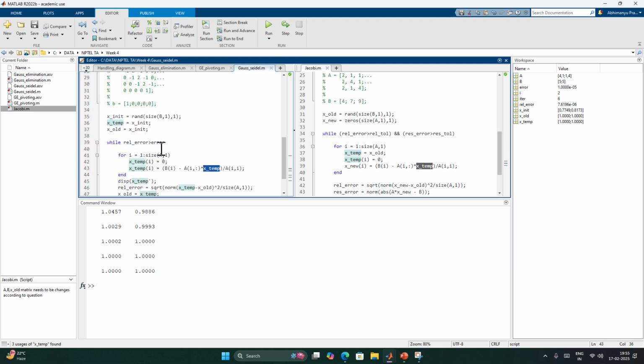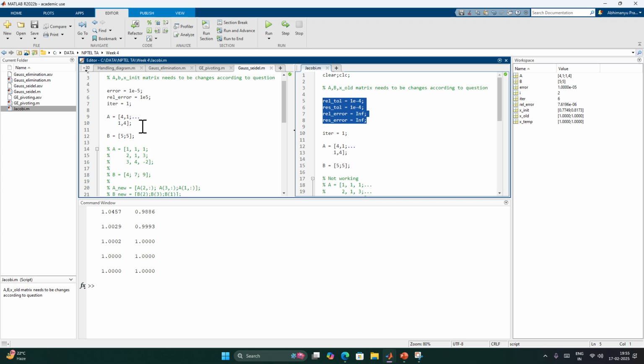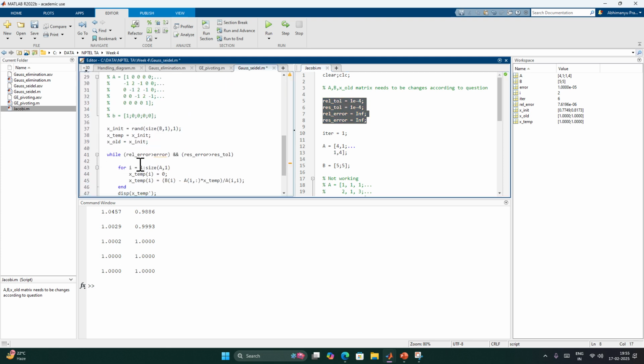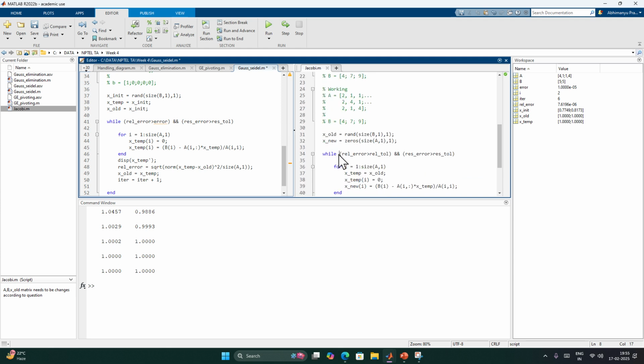And so we can see, I will add this tolerance also, same for the codes. The program structure is similar for both the codes, just there is a difference in the update rule.